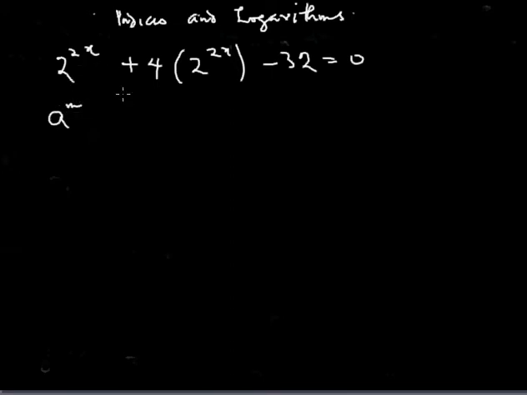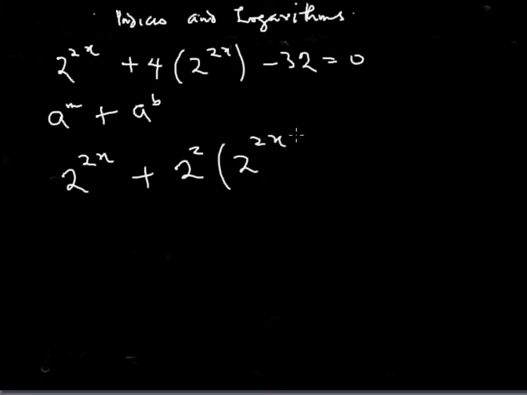So we'll have something like this: 2 raised to power 2x plus 2 raised to power 2, 2 raised to power 2x, minus 2 raised to power 5.